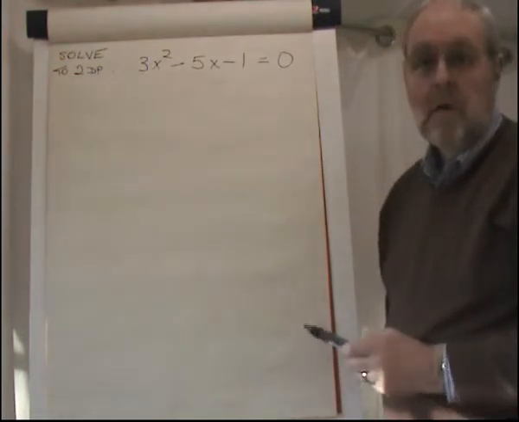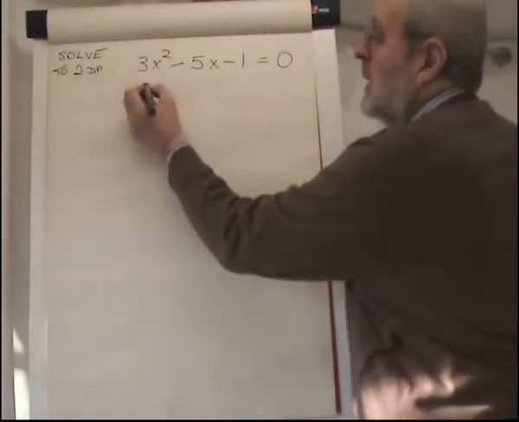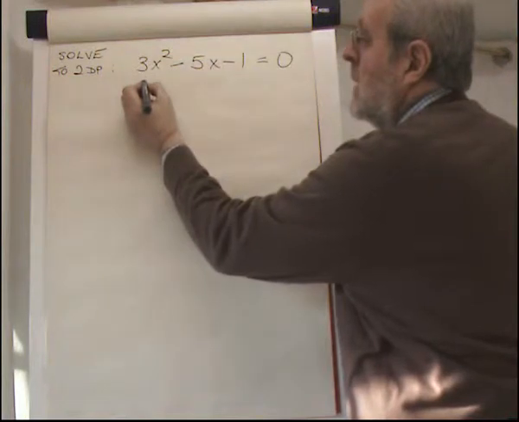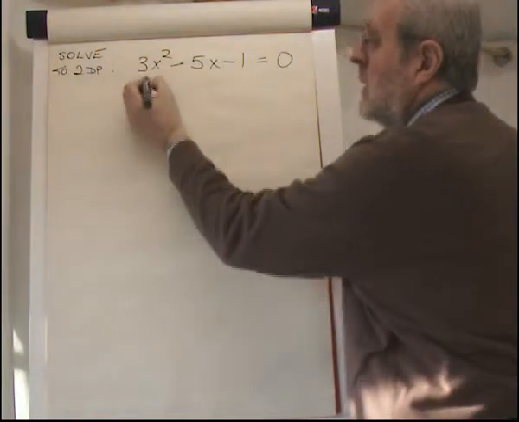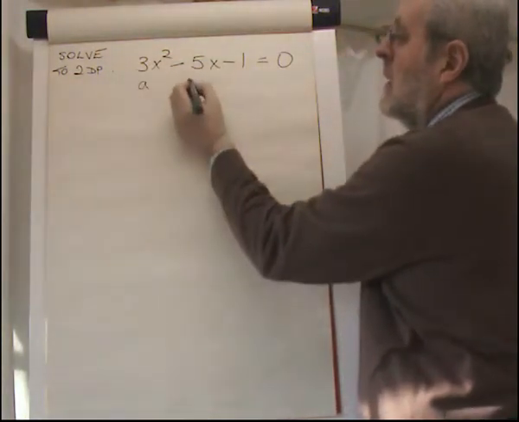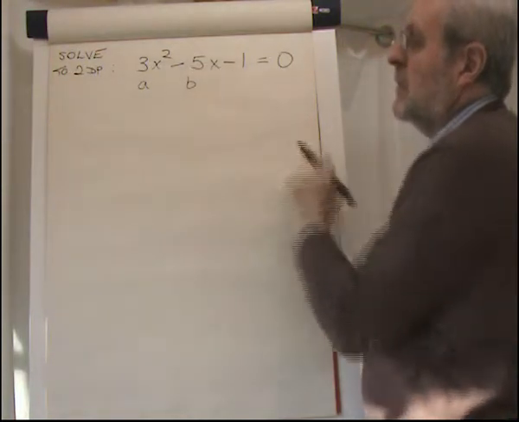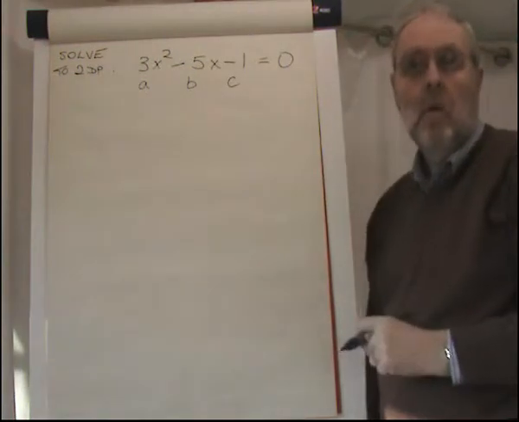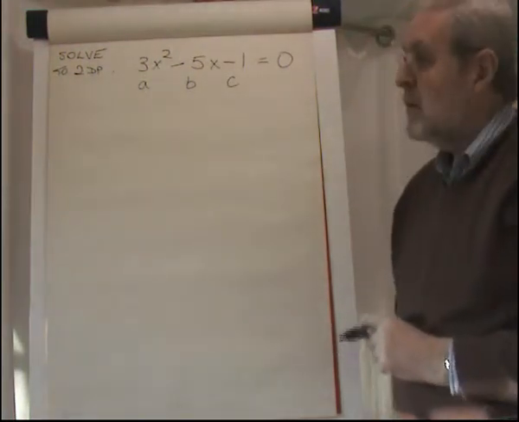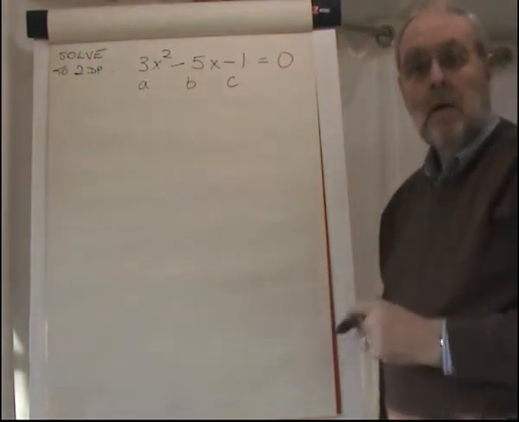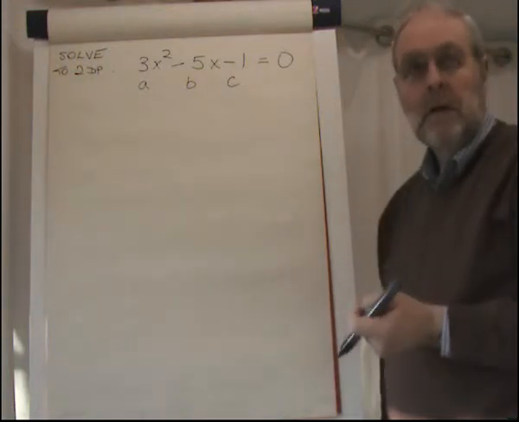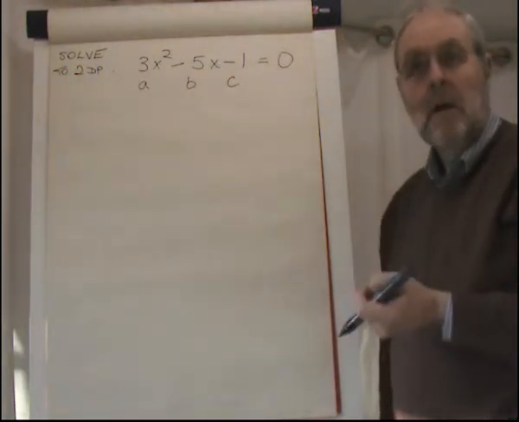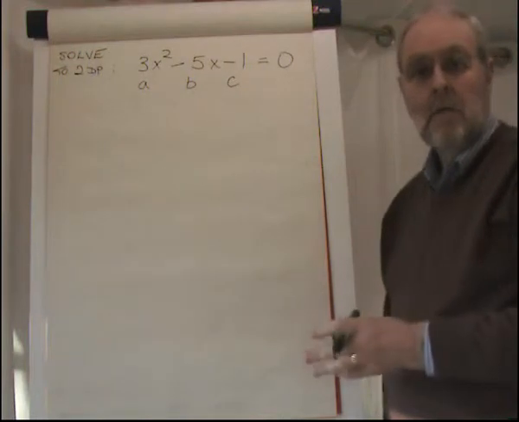Here we're going to, first of all, identify the values of a, b and c. So here I can see a is 3, b is -5, and c is -1. So when I put that into the formula, the first step is going to be putting it into the formula direct, without any calculation whatsoever.